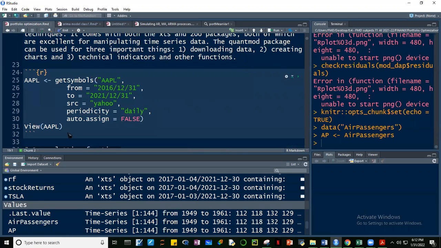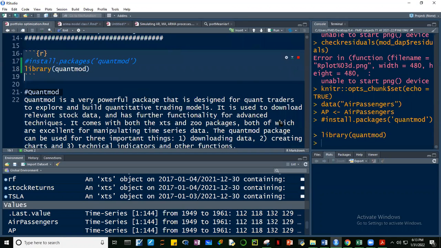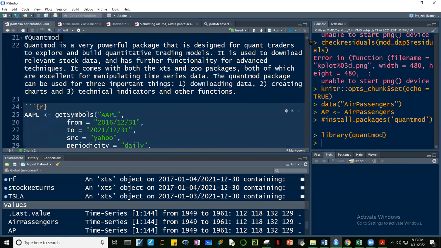This is just a basic command to get Apple, and you specify the dates when you want the Apple prices, and where's the source? I'm saying Yahoo, and then periodicity. Do I want daily or weekly or monthly? This is really much more convenient than going to Yahoo Finance and manually choosing is it daily, weekly. Here in just this short line of code, you'll be able to already download the stock price.